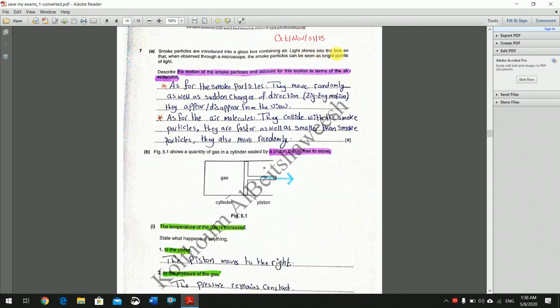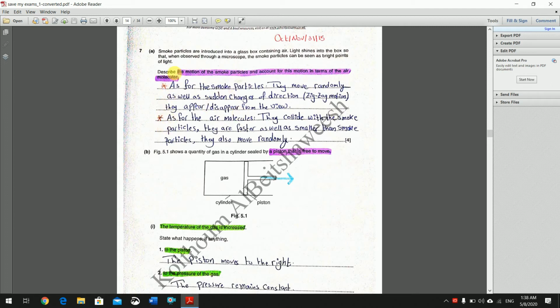Light shines into the box so that when observed through a microscope, the smoke particles can be seen as bright points of light. Now, describe the motion of the smoke particles and account for this motion in terms of the air molecules. So here we have to talk about the smoke particles and the air molecules.